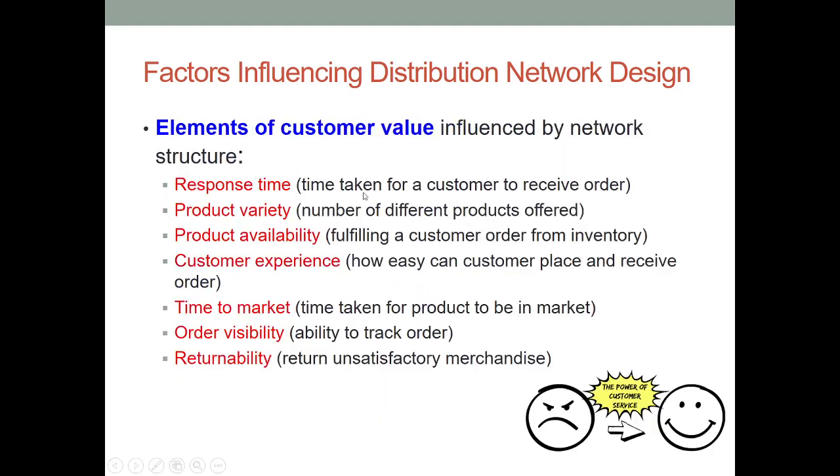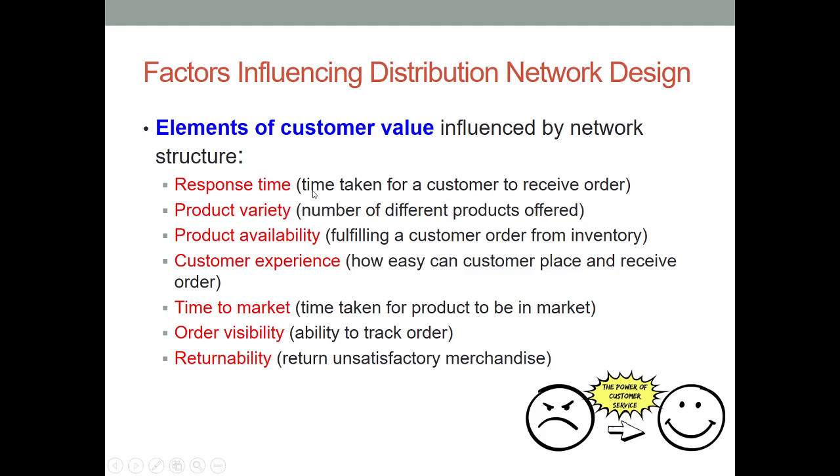In terms of the elements of customer value that are influenced by the network, there are a few customer value elements that the firm has to consider. The first one is response time. Response time means the amount of time it takes for a customer to receive an order.